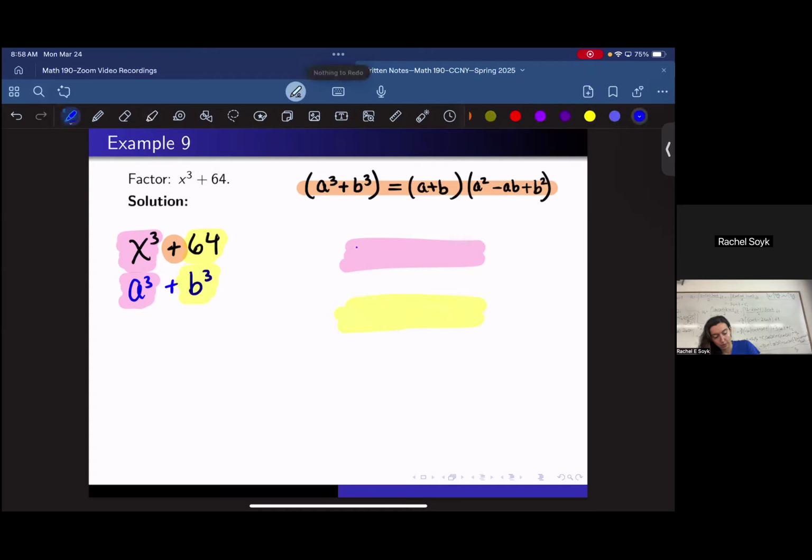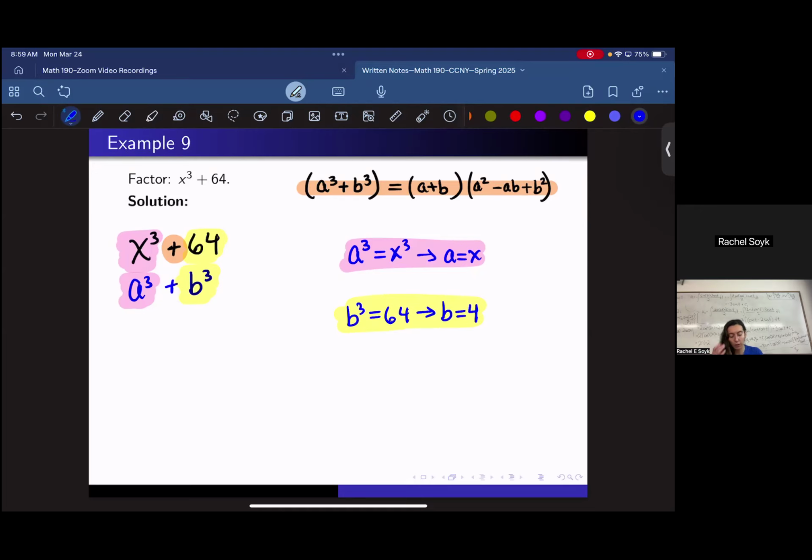So we have our a cubed is equal to our x cubed, which tells us that our a is x, right? And then we have our b cubed is equal to 64, which tells us that our b is, what's the cube root of 64? Yeah, good. Awesome.